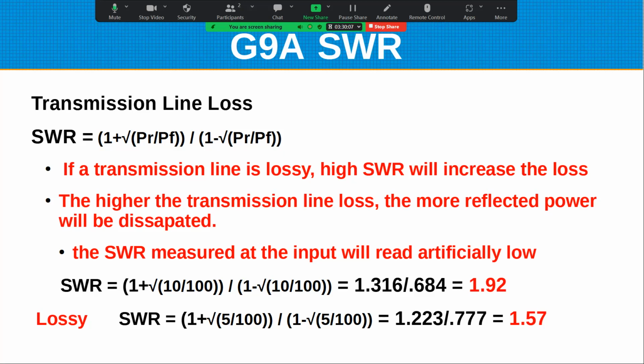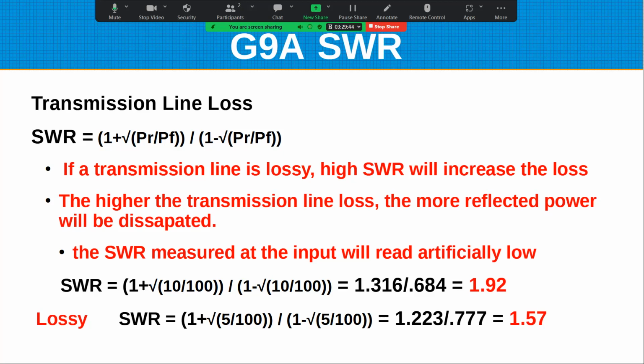And we know that I squared R loss means you're going to dissipate more of the reflected power, so you see less coming back. That's why your SWR meter is going to read low.